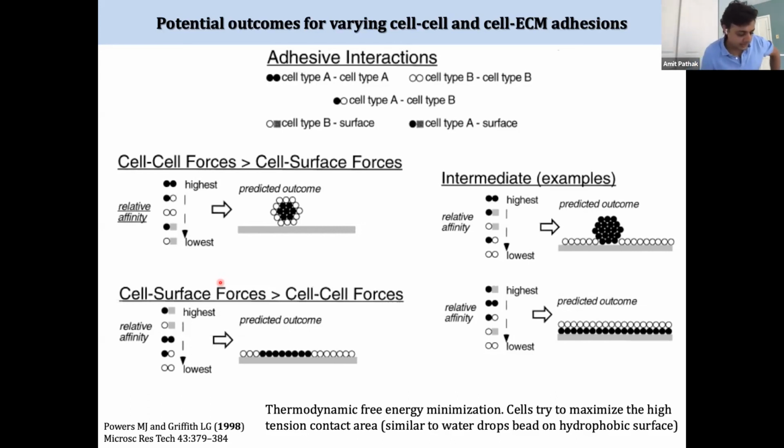And the way it is measured is with assays where you put a bunch of different cell types on a given substrate and apply a centrifugal force, and whichever ones fly off are less adhesive. Whichever ones don't fly off are more adhesive to the ECM.